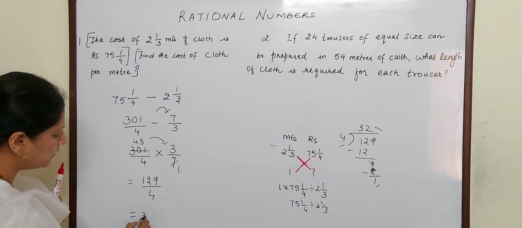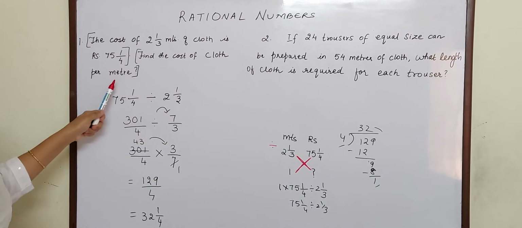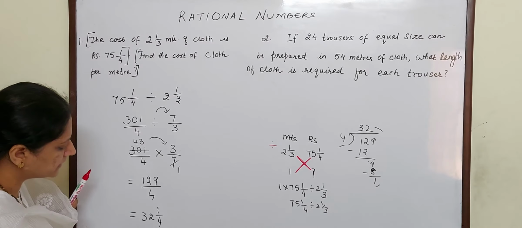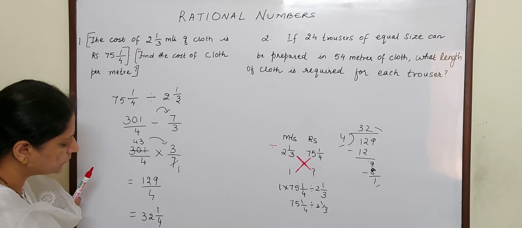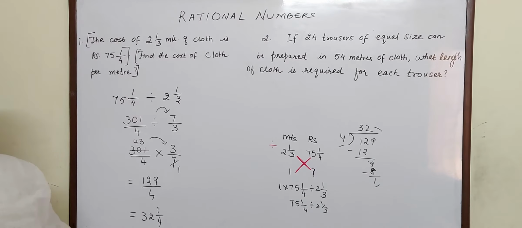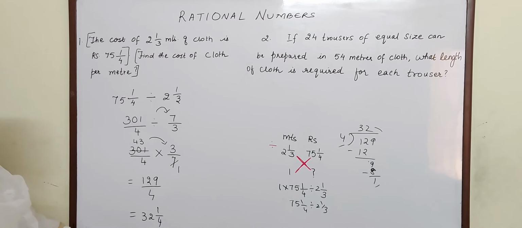So 32 1/4 is your cost of cloth per meter. But now you know 32 1/4 can also be written as 32 rupees 25 paise, because 1/4 is 25 paise, half is 50 paise, 3/4 is 75 paise. So your answer is 32.25.